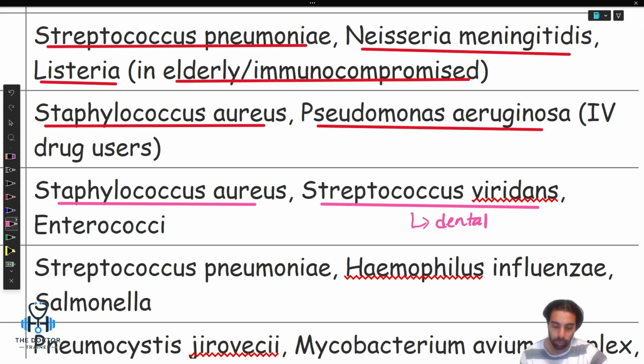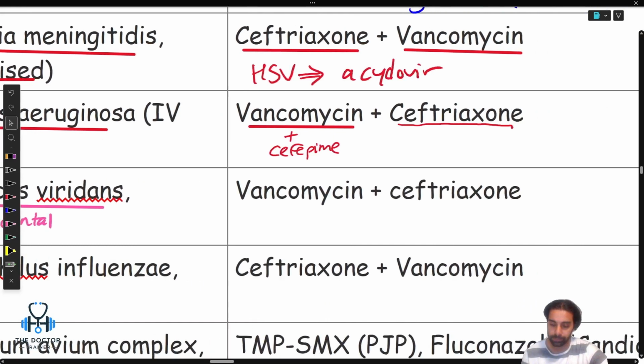If it's group D strep, or strep bovis or equinus, if you see that, let's say they did a blood culture and it came back positive for one of those things, strep bovis, then the next best step for them is to get a colonoscopy because you have to rule out cancer in those patients.